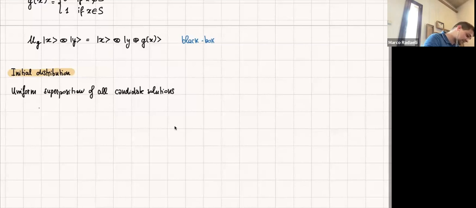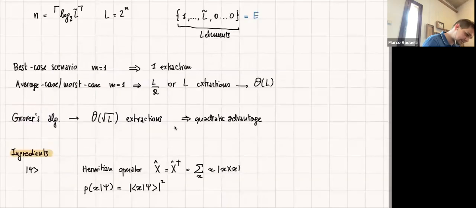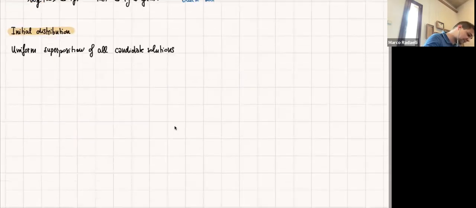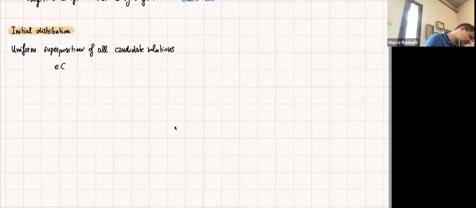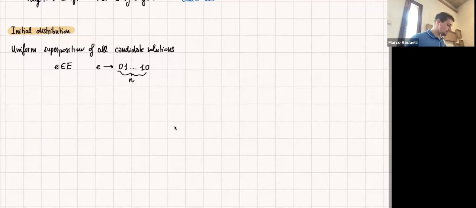So let's say that we have an element E of the set E. E will be represented by a binary string, something like this, of length n.